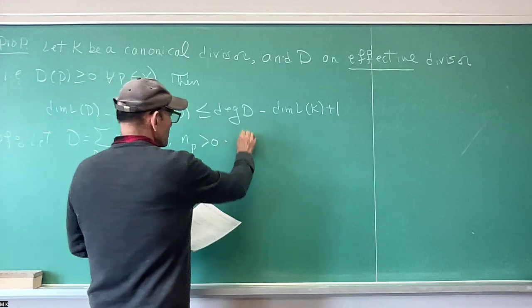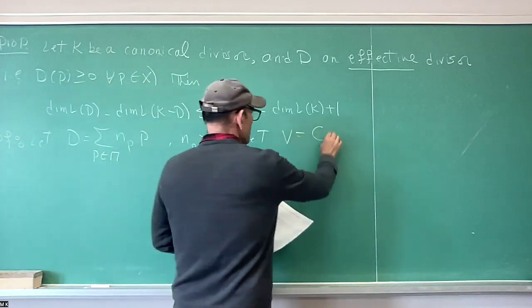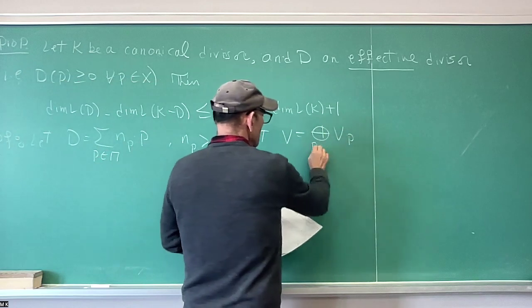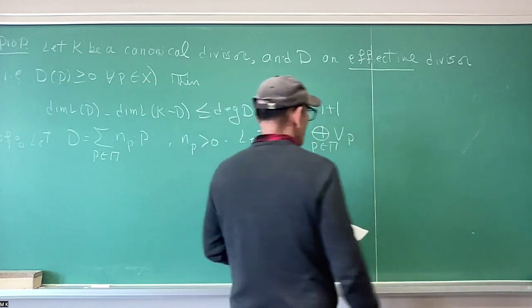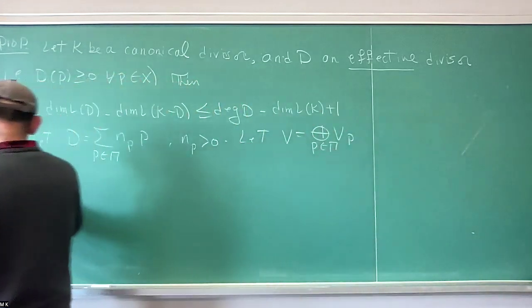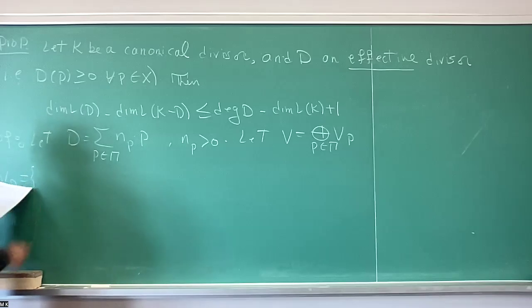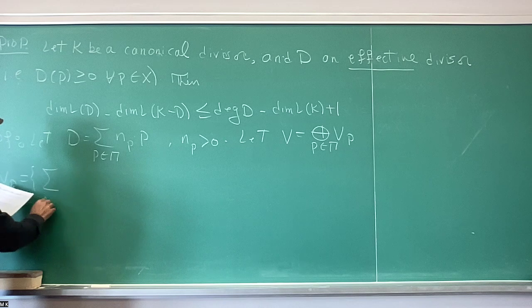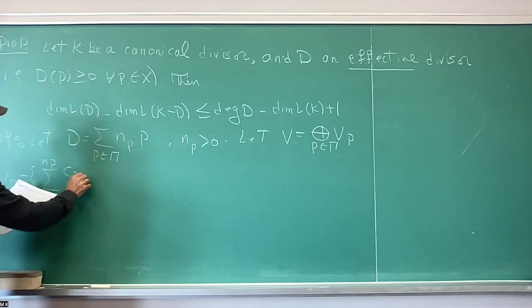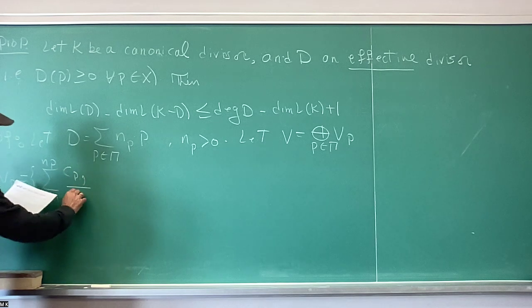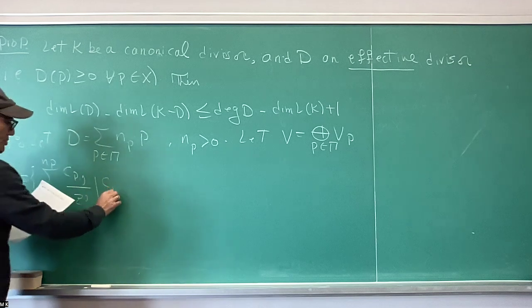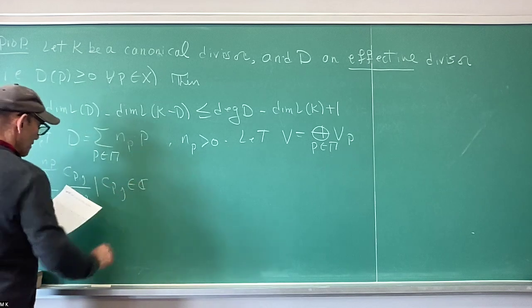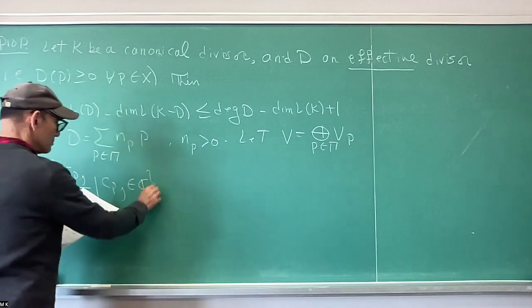So then let's define some vector spaces now. Let V be equal to the direct sum of VP, P belonging to pi again, where VP is the set of principal parts of Laurent expansions at point P. So I just write it like this, sum over j from 1 to NP of CPJ, these are complex numbers, divided by z to the power of j, where CPJ belongs to C. Okay?